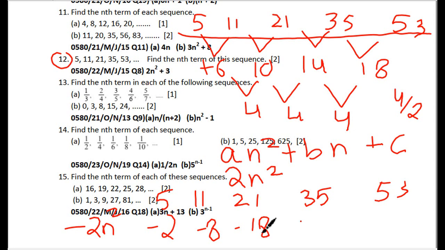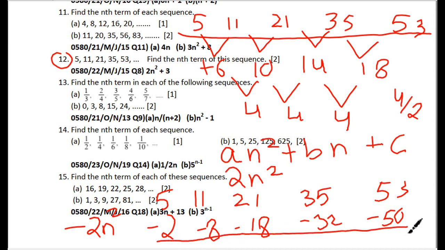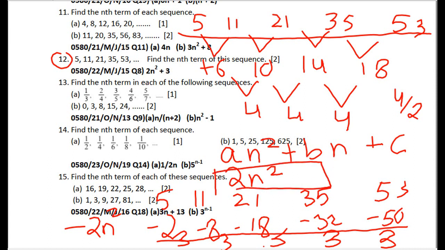And then minus 50. Find the difference. We get 3, 3, 3, and so on. So simply the final answer will be 2n square plus 3. B is 0 in this case as well.